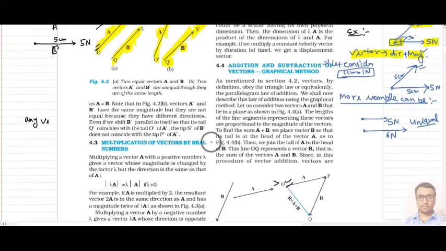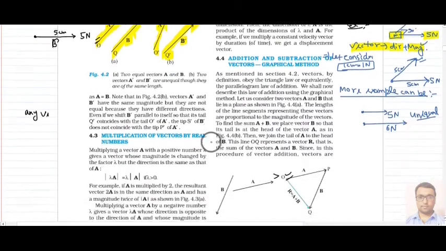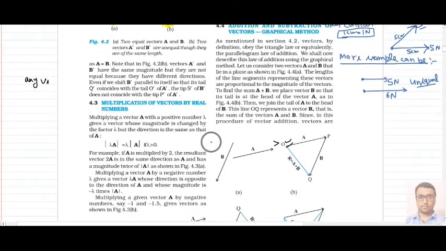Now we will see the next thing, and that is multiplication of vectors by real numbers. In this topic we will learn that for any vector, suppose vector A, on any letter we write this arrow also to show the vector, I have already told you. Suppose vector A is 5 Newton in east direction.